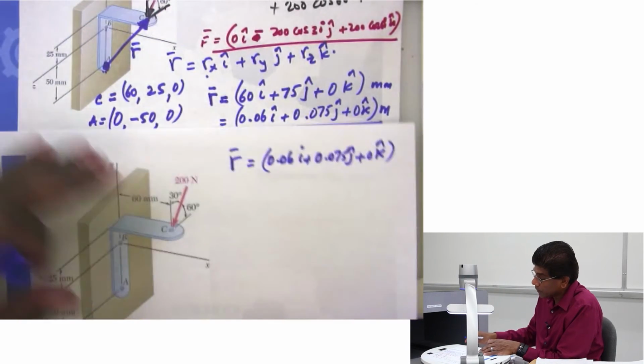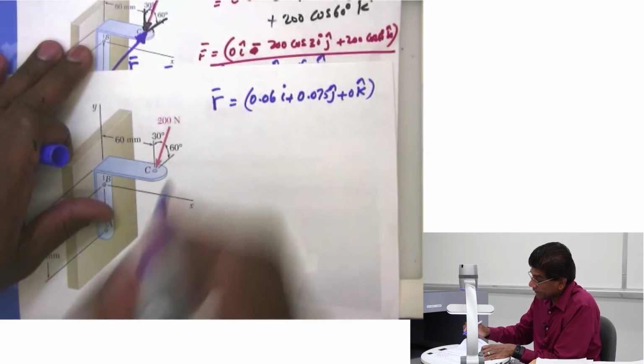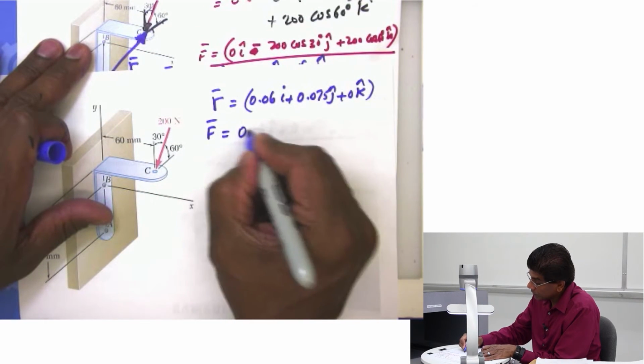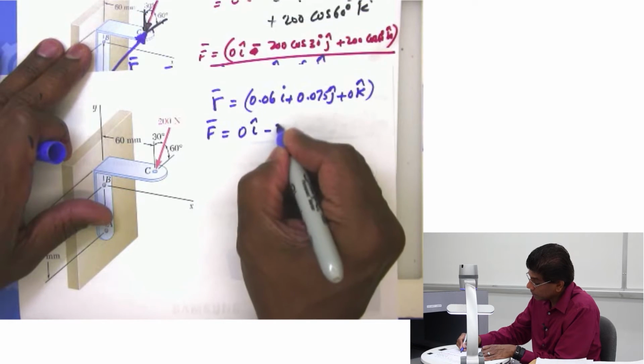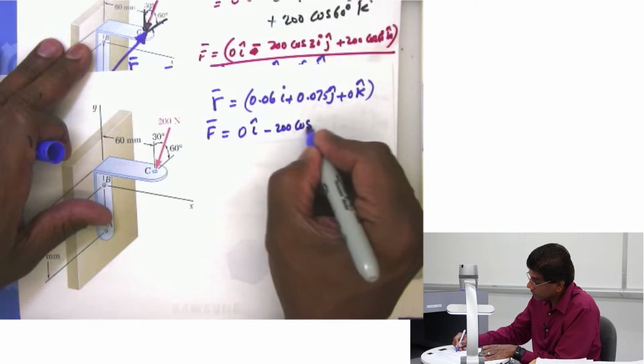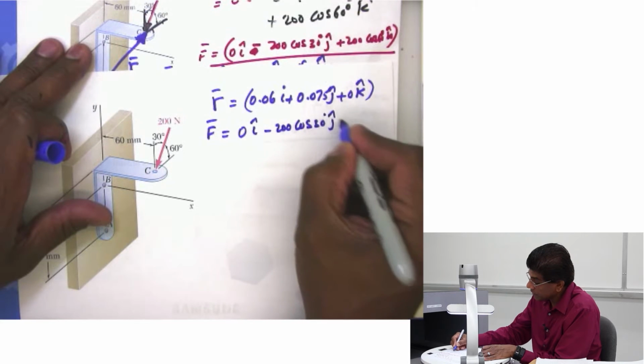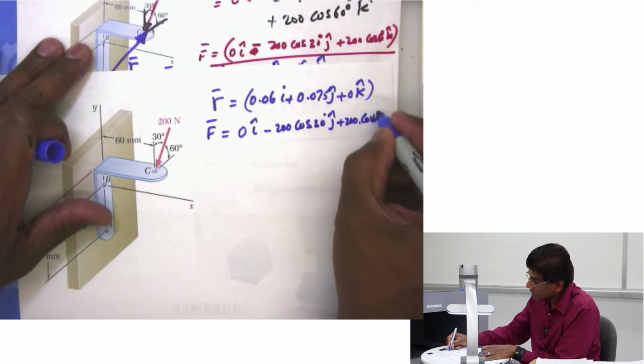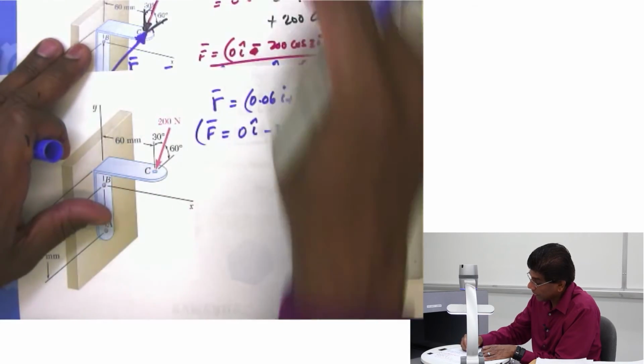Similarly, my F, which is the force, is equal to 0 i minus 200 cosine 30 degree j plus 200 cosine 60 degree k.